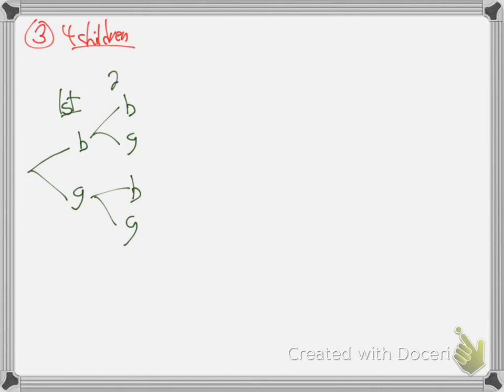I'm going to write it out as a tree. Might be easier for you to see. So here we go. I'm going to start this way and go boy, followed by boy or girl. This is your first child. And then your second child is a boy or a girl, like a tree. Then your third child is a boy or a girl.